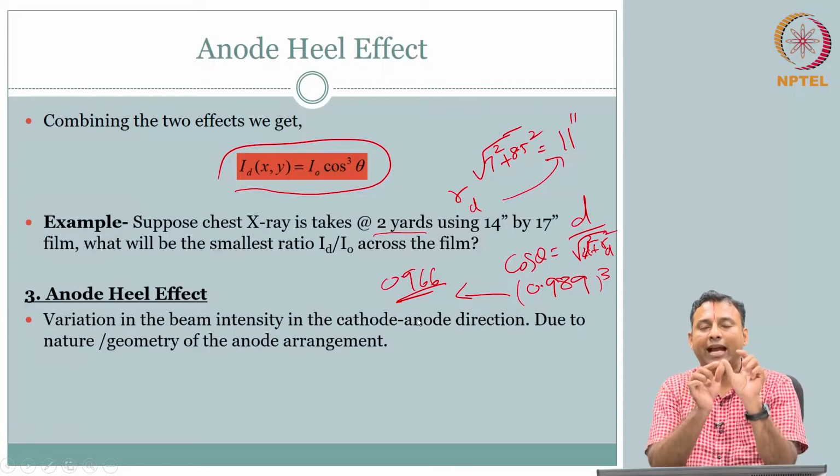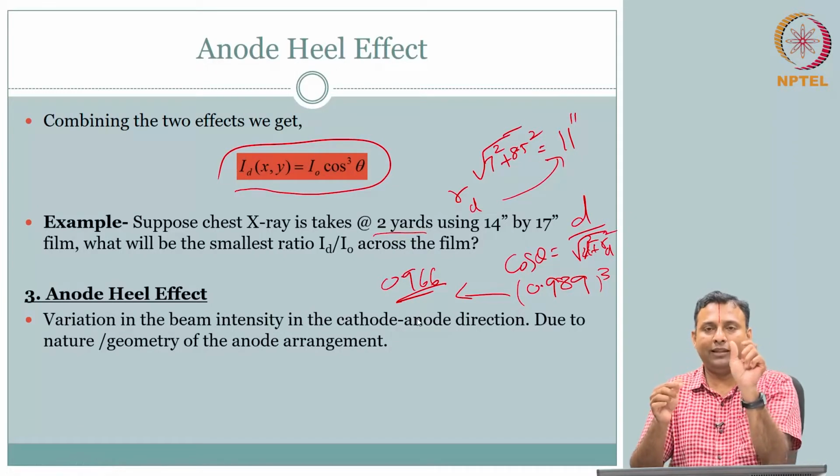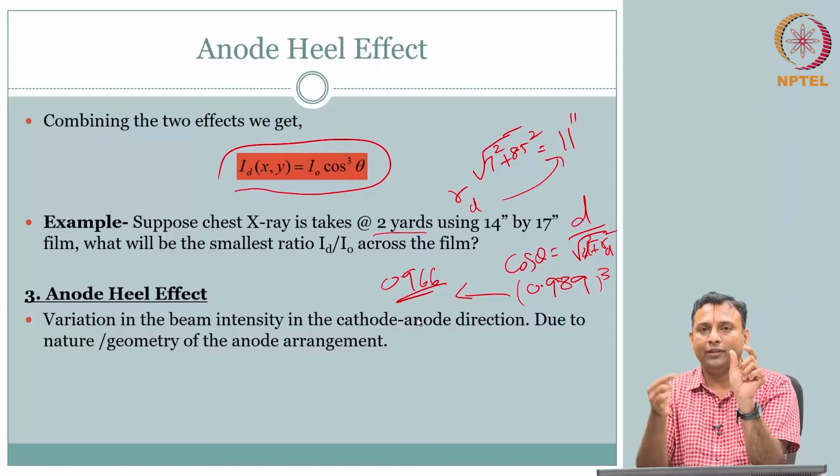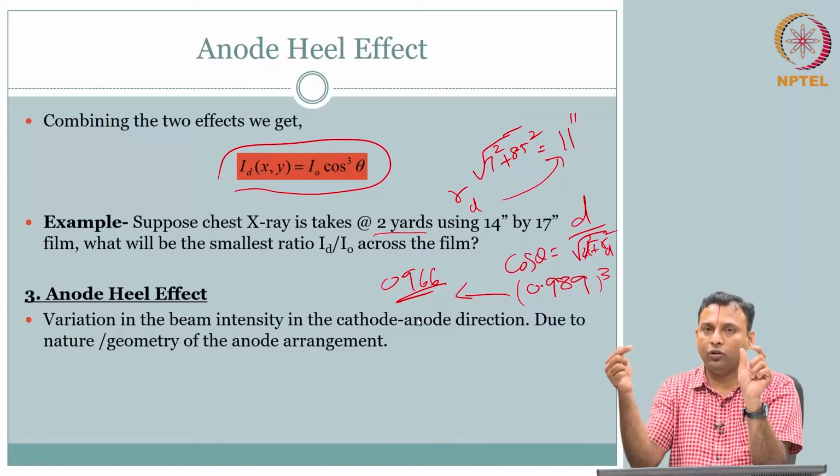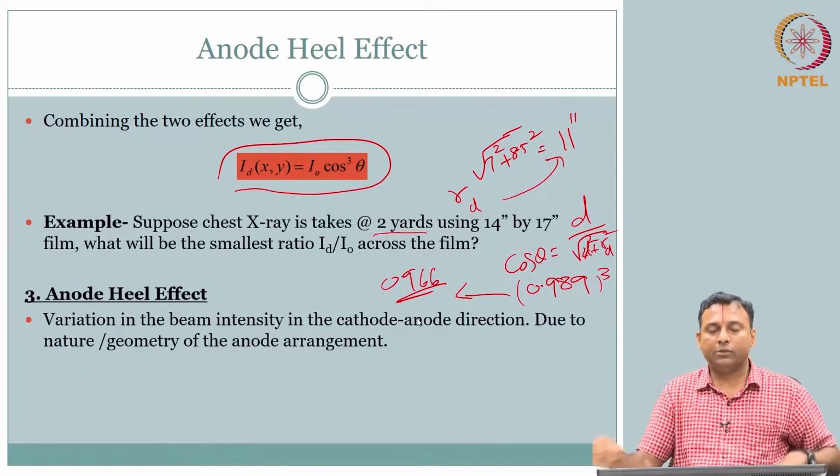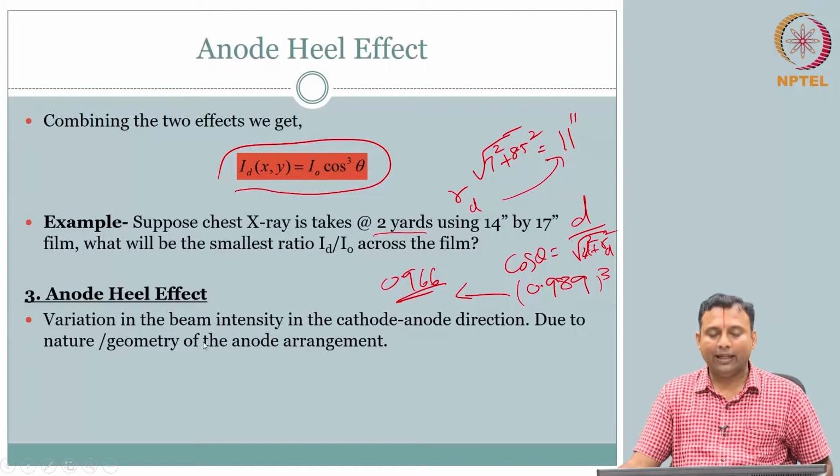That is because of the anode geometry. Remember the thick slab of tungsten that was shown, with a cathode and anode. It is just because of that geometry that this happens.